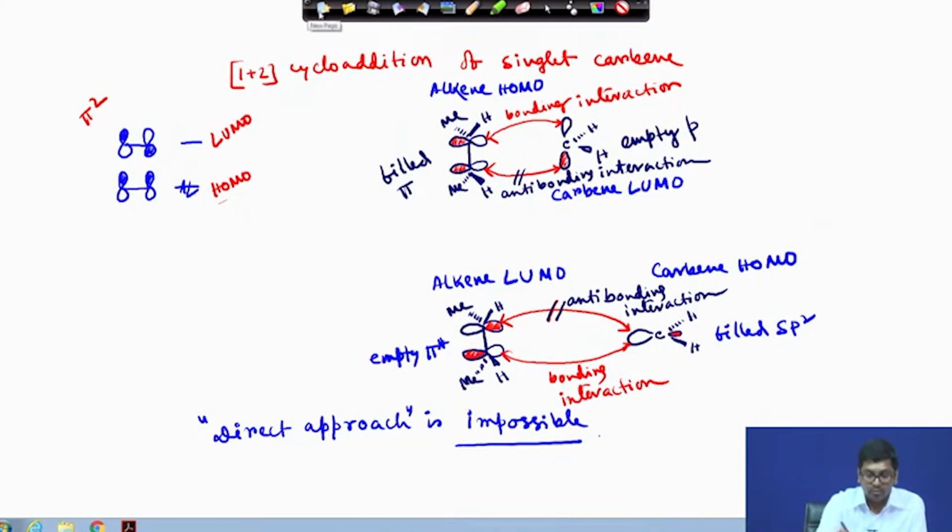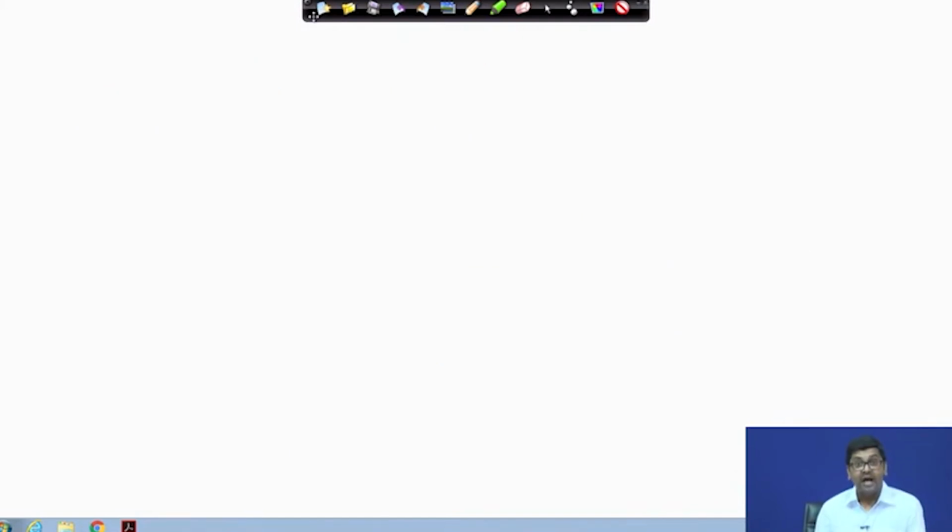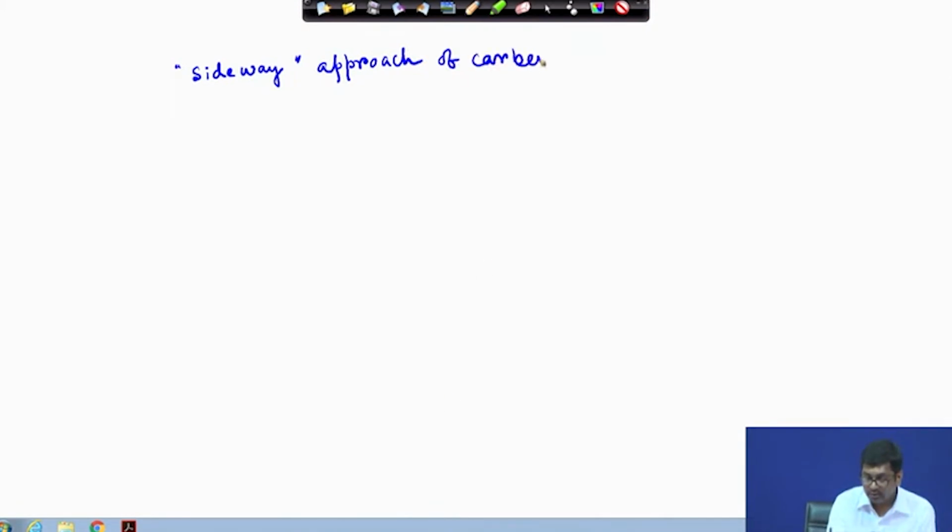Okay. So, let us have a look at the sideway approach of carbene towards alkene. So, now we will learn the sideway approach of carbene towards alkene.